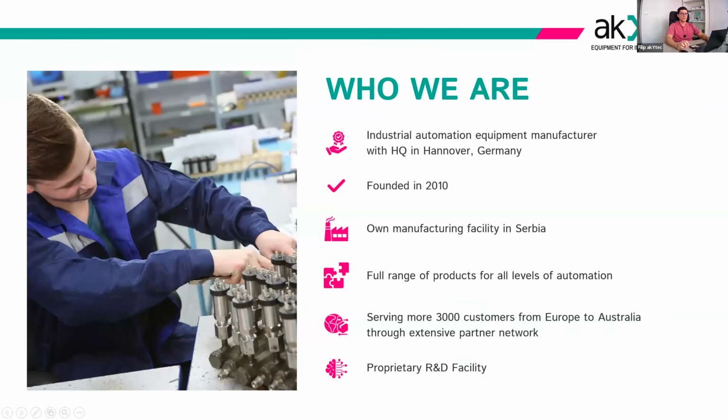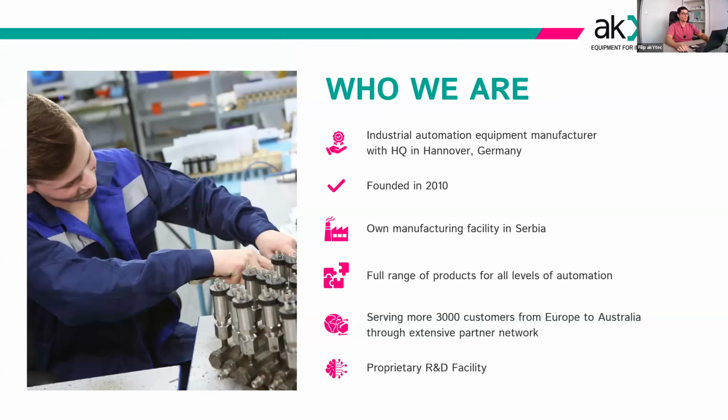Let's start with a few words about our company and who we are. akYtec is an industrial automation equipment manufacturer with headquarters in Hanover, Germany. We were founded in 2010, and a couple of years ago, we also launched our own manufacturing facility in Serbia.